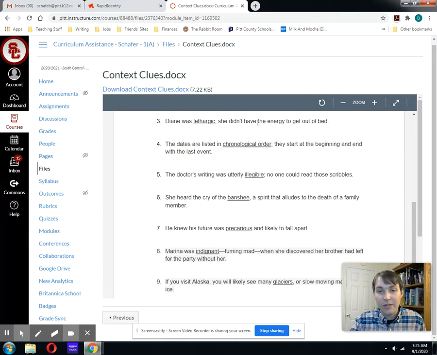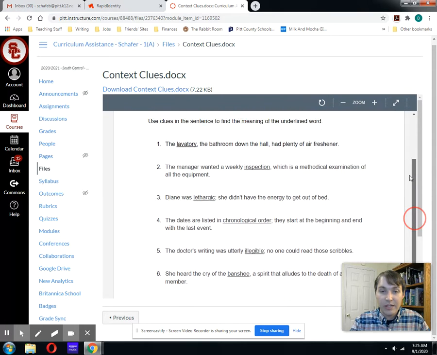So this little bit after the semicolon isn't telling me different information. It's telling me the same information as lethargic. Diane was lethargic. Diane didn't have the energy to get out of bed. I would say that lethargic means she didn't have energy.